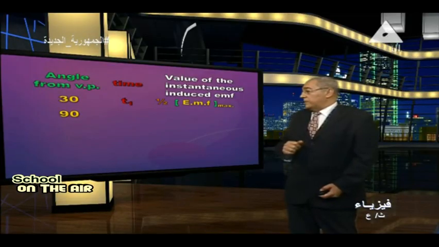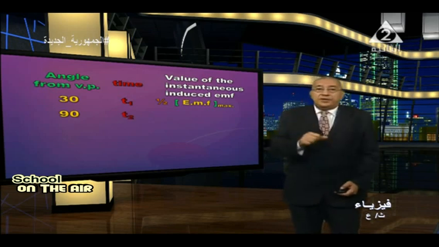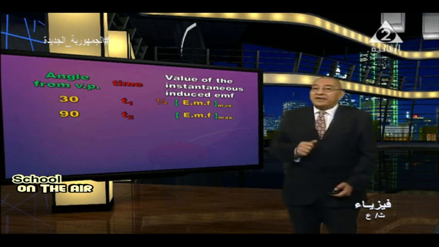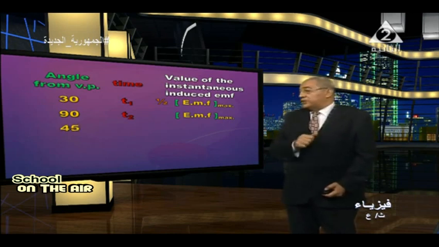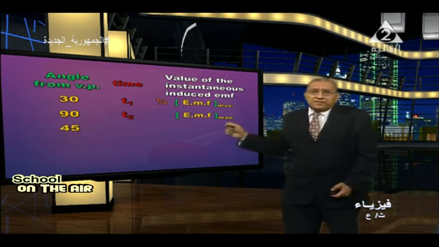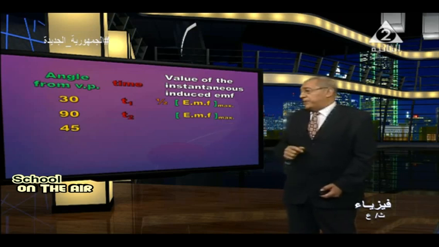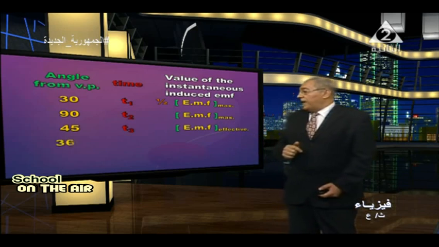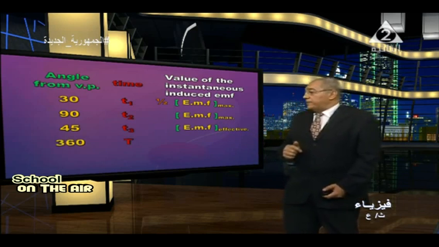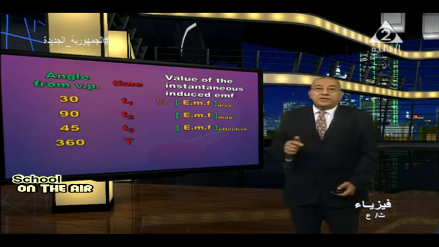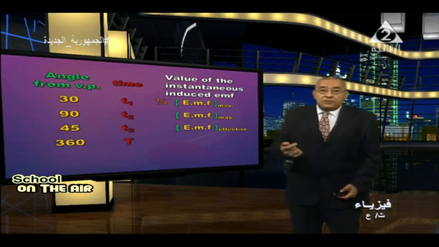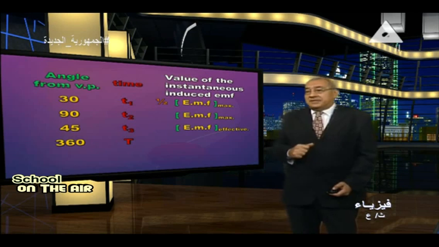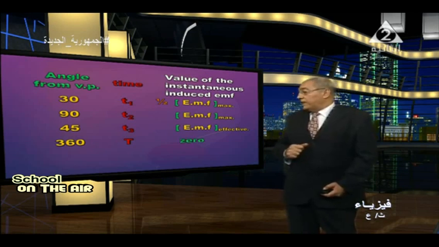To reach maximum, the angle should be 90. To reach the effective value, the angle should be 45. These are very important pieces of information. Let it be t3, the EMF is then maximum. And what about the periodic time? Periodic time is the time to complete one revolution, making an angle of 360.